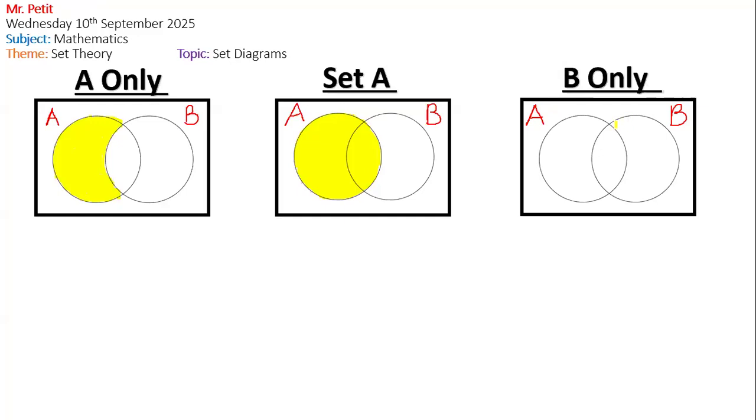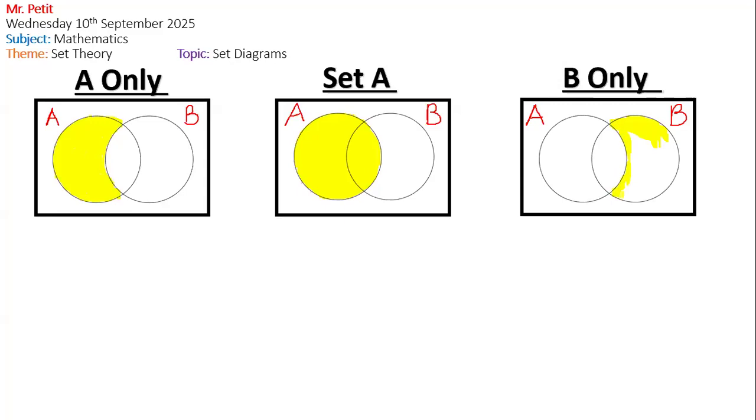Not the intersection, only this part. So all of this, but not the intersection. All of this, all of this. I'm trying to make sure it's a bit neat.